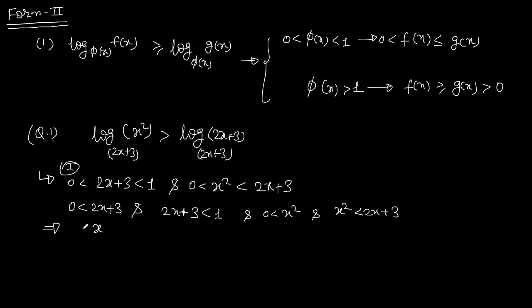It will be x is bigger than minus 3 by 2 and x is less than minus 1. Minus 2 divided by 2 is minus 1. And here x squared is bigger than 0, that means x belongs to R and x should not be 0, because at 0 it is 0.